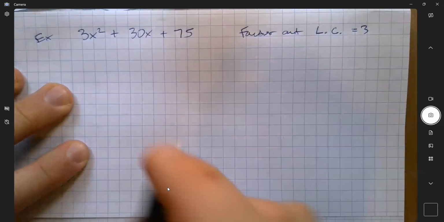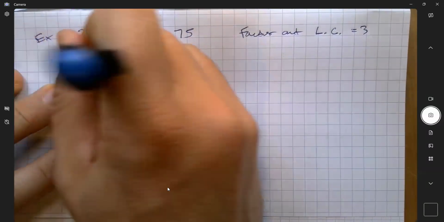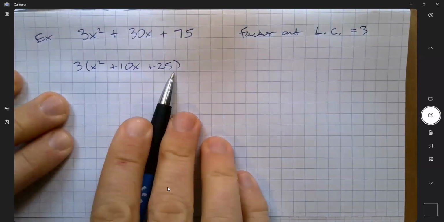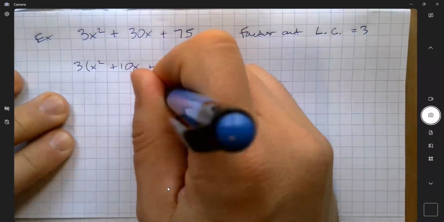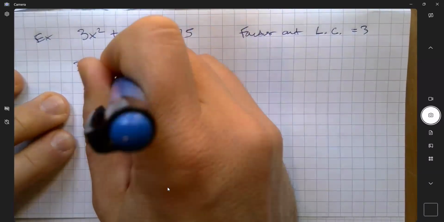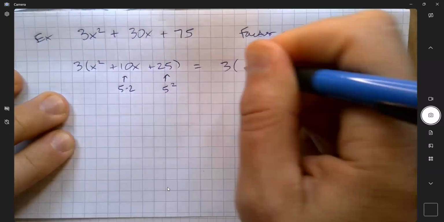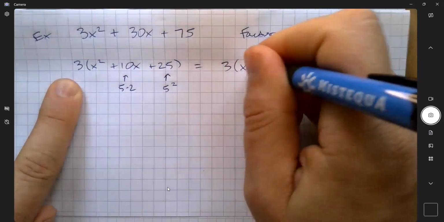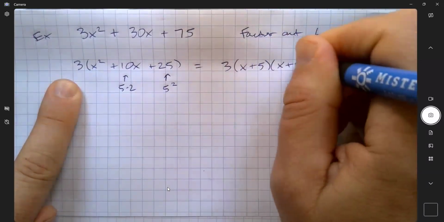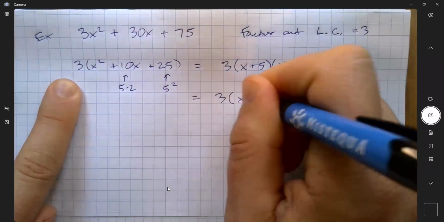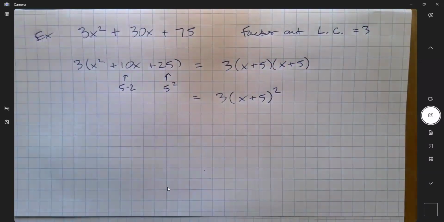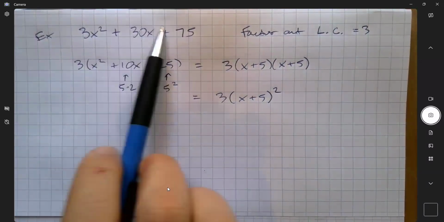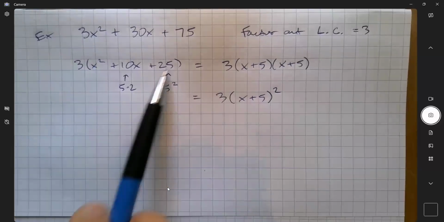Yeah, let's find out. So I'm going to factor out that 3: x squared plus 10x plus 25. And now I focus on the inside, and sure enough, 25 is 5 squared, and 10 is 5 times 2. And so I can use my special case number 1, keeping track of the coefficient: 3 times x plus 5 quantity squared. So I strongly recommend, if you have this middle term with x's, you do the step of factoring the 3 out first.